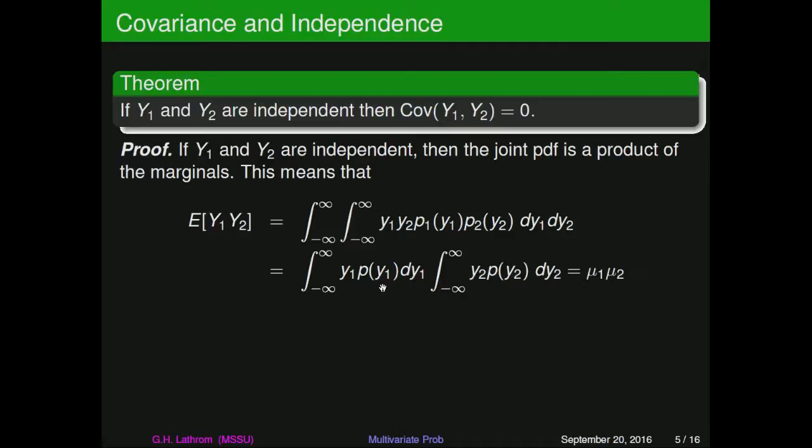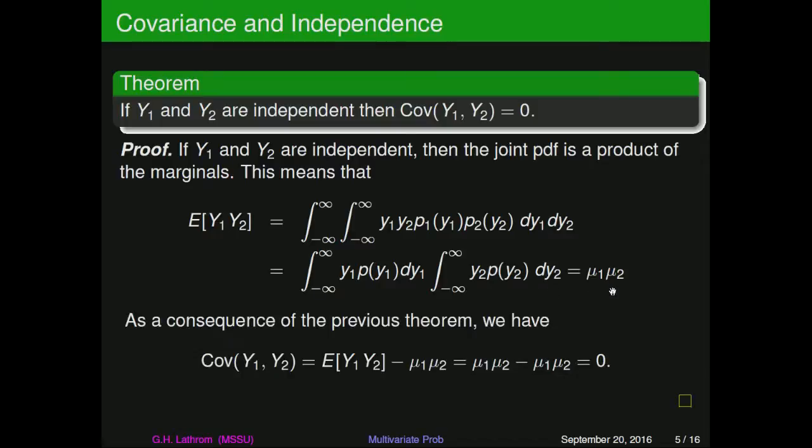Well, from the definition of our expected values, we compute the expected value with respect to the marginals. So we have the marginal for y sub 1 and the marginal for y sub 2, and that's what we get: mu sub 1, mu sub 2.